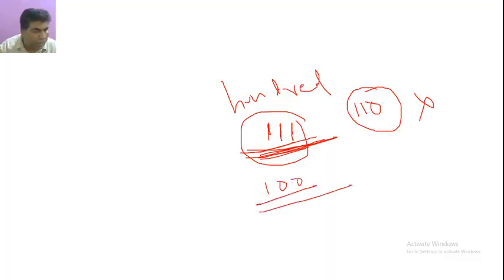It is between 100 and 200, close to 100.